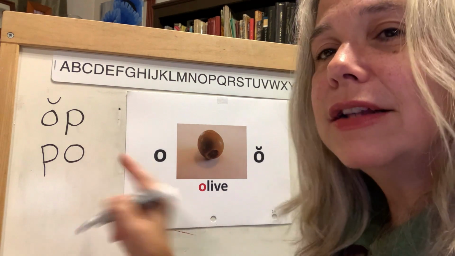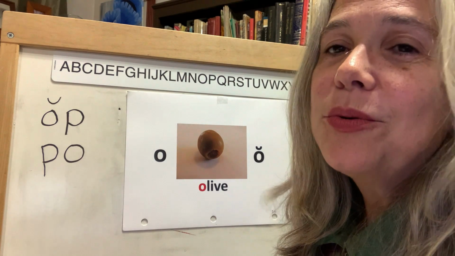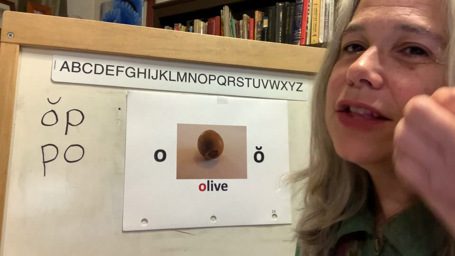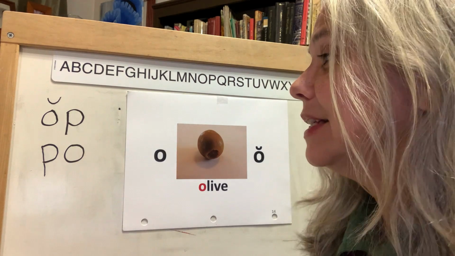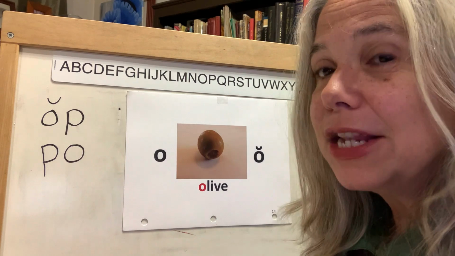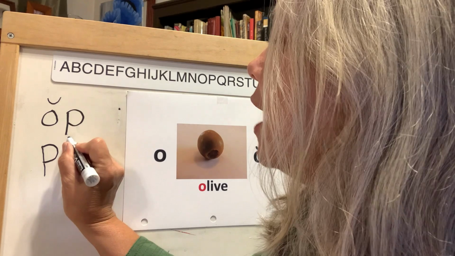There's not a consonant blocking it. Now, in English, we accent words. We don't see the accent, but we hear it. And it's usually in the first syllable. And since there's only one syllable here, that means it's accented. So when we have a vowel in an open accented syllable, it's going to be long, so we're going to code it with a macron.